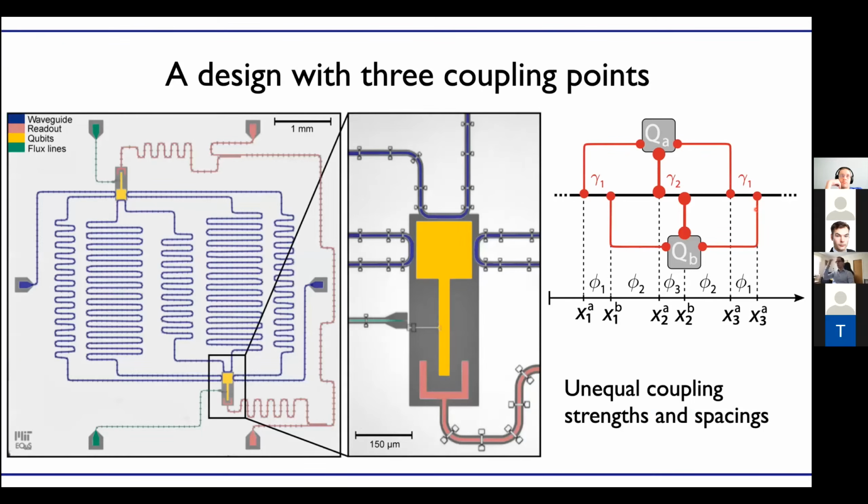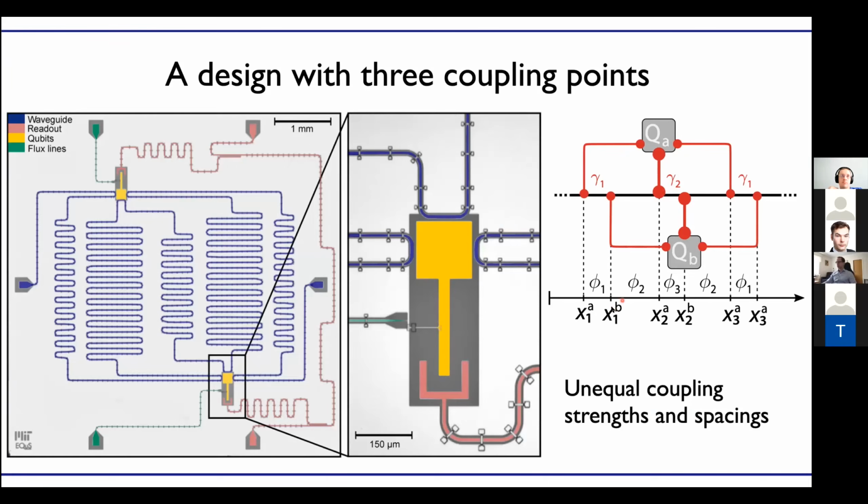And then we stepped up the experiment a bit to try to use this protected interaction for something interesting. And to do this, we made the setup slightly more complicated. We made 3 coupling points per atom instead of 2.